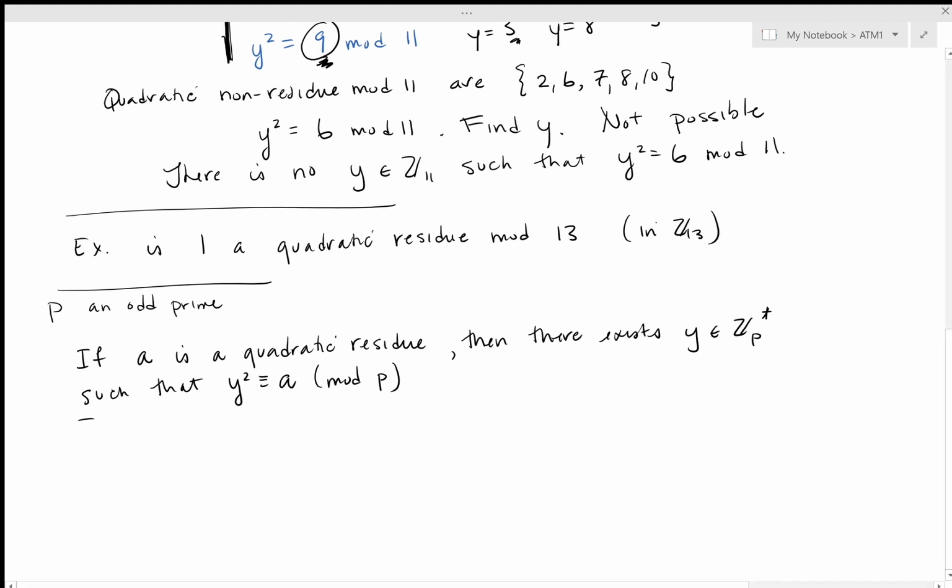Further, minus Y squared is congruent to A mod P, and Y is not congruent to minus Y mod P.